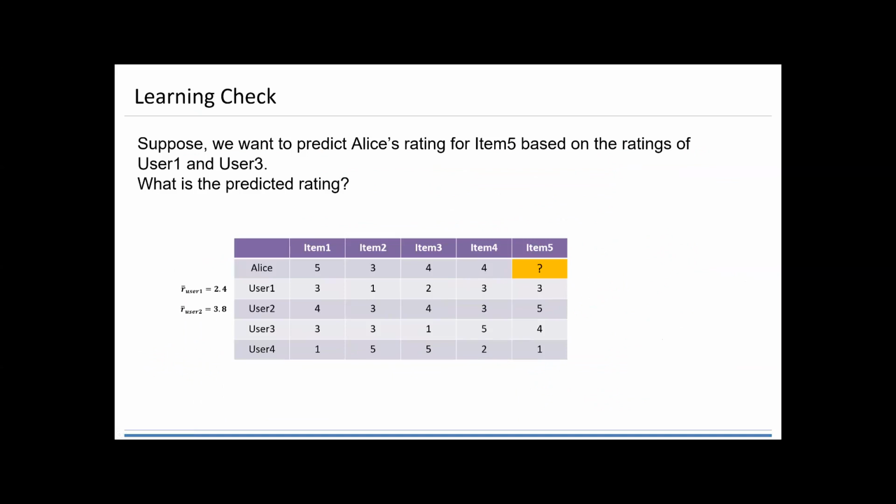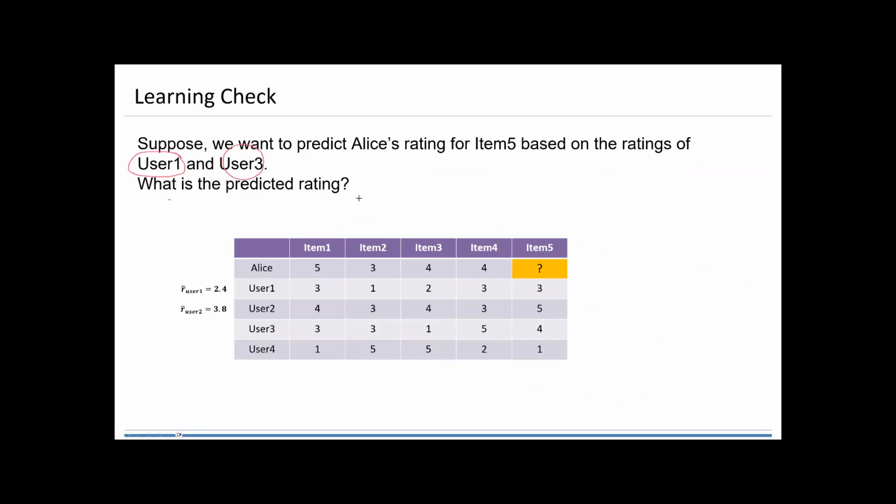Okay, so we already learned how to use the Pearson correlation for the similarity matrix. You can have this learning check and please practice. Suppose we want to predict Alice's rating for item 5 based on the ratings of user 1 and user 3.